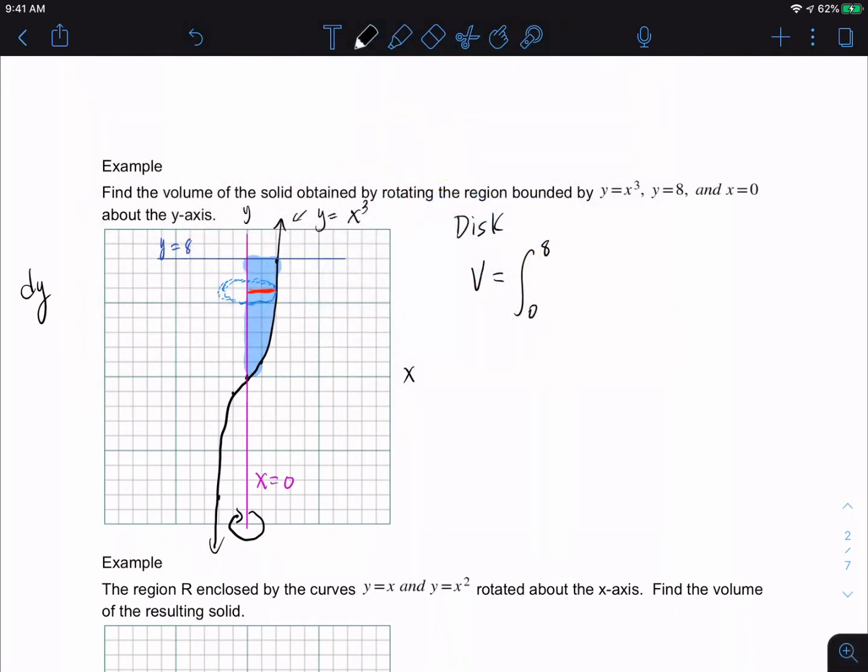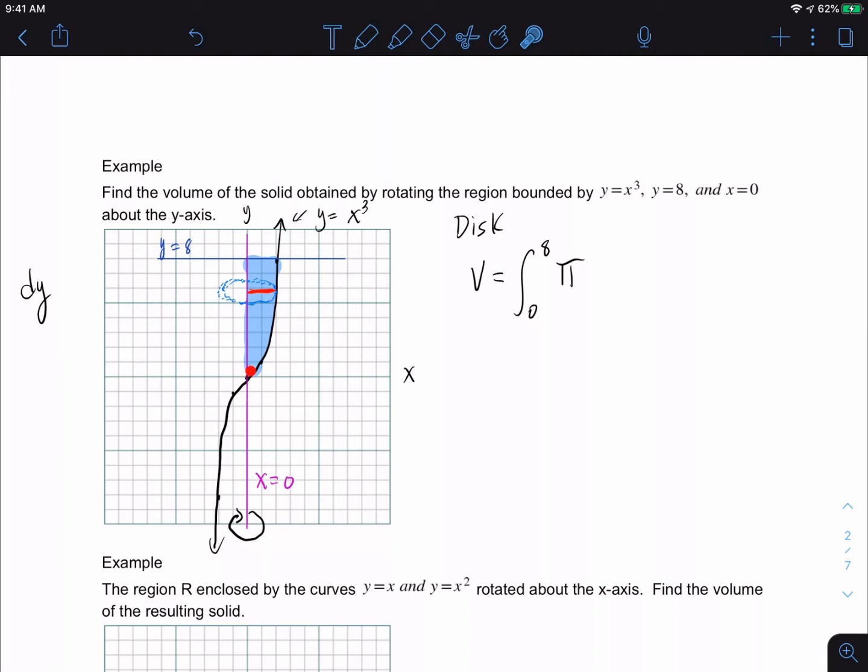So tell me what I need to write. I'll do the hard part. I need pi. What else do I need? Well, f of x, but it's not f of x this time, Jose, because we're in terms of y, we need the height of this in terms of y.